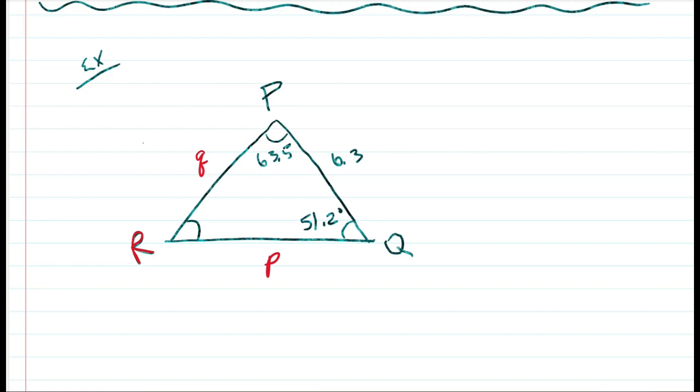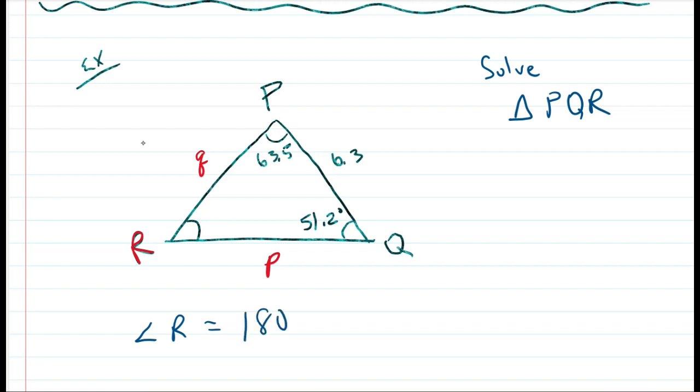Let's say it says to solve triangle PQR. First we can calculate that third angle, angle R. That's not too bad because we know all triangles add up to 180 degrees.